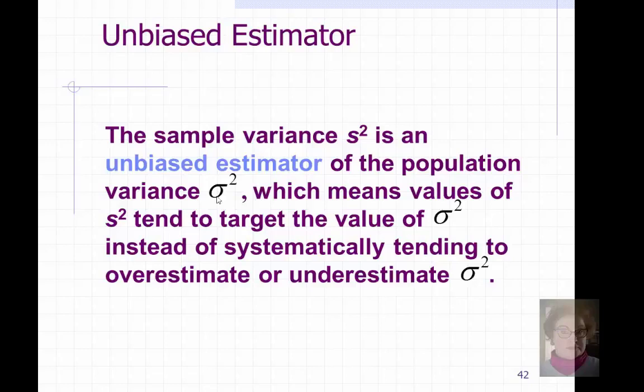Unbiased estimators tend to target the value that we're interested in. A biased estimator would systematically over or underestimate the value that we're interested in. So when we talk about S estimating sigma, sample standard deviation is an unbiased estimator of population standard deviation.